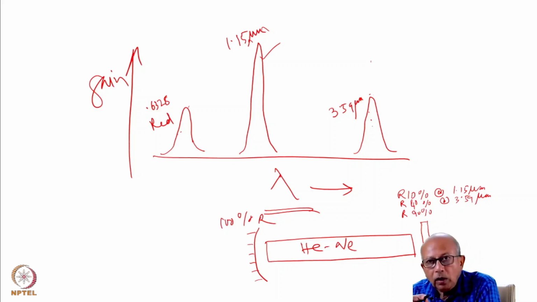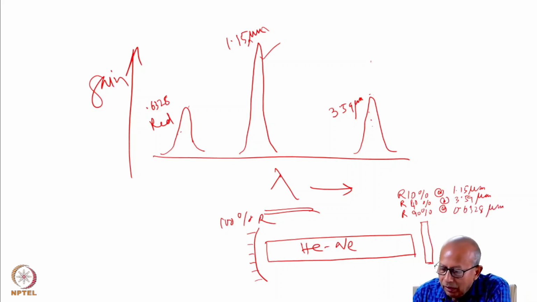These are all very qualitative figures. I'm only giving this to make you understand how you can choose different wavelengths by providing selective losses at different wavelengths, at 0.6328 micron.